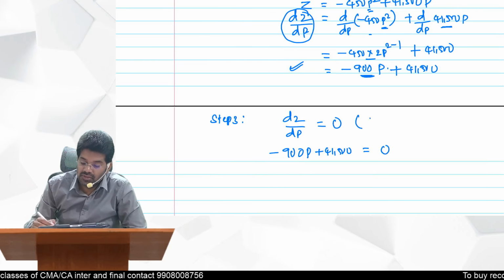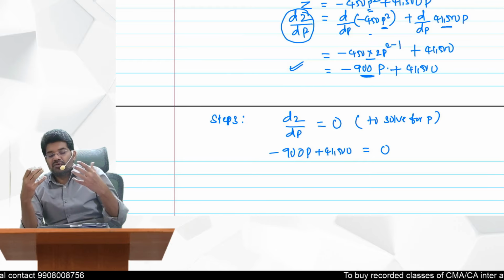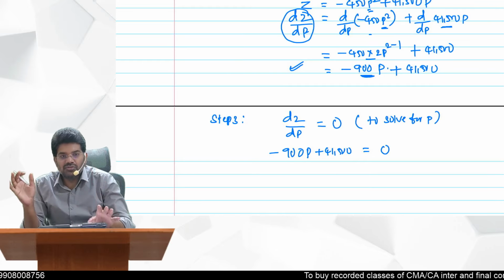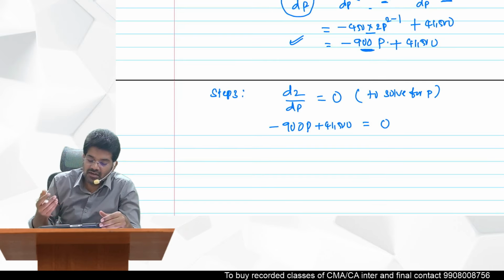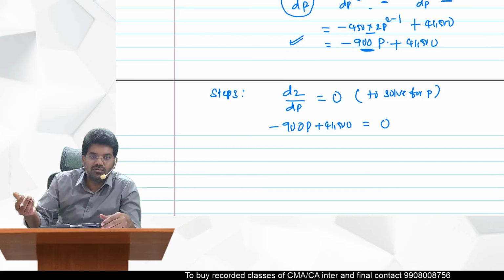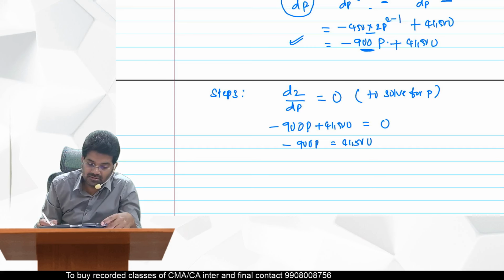Why are we equating with 0? To solve for P. Instead of X, I am naming it as P only. I took the same wording whatever they used in the question. So minus 900P plus 41,500 is equal to 0. Now minus 900P is equal to minus 41,500.